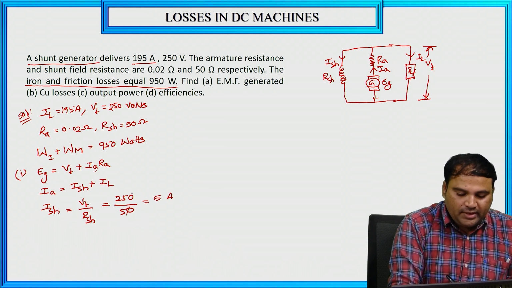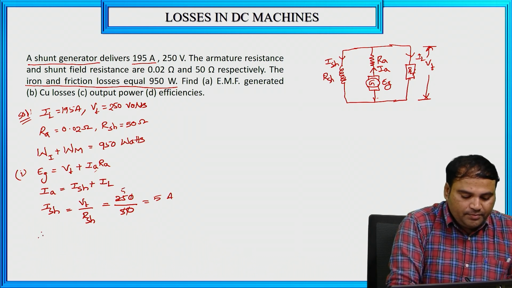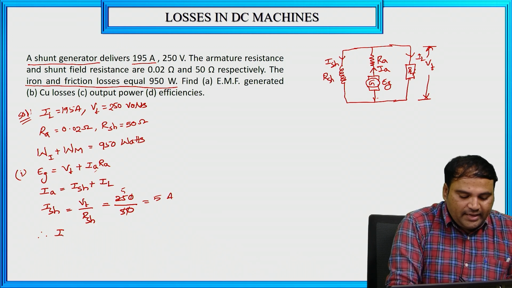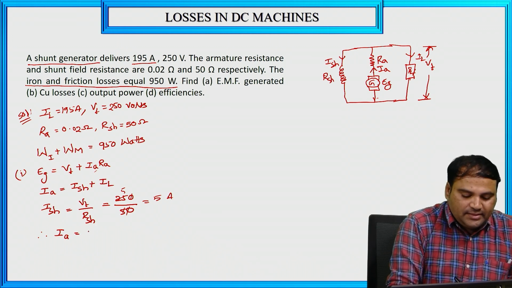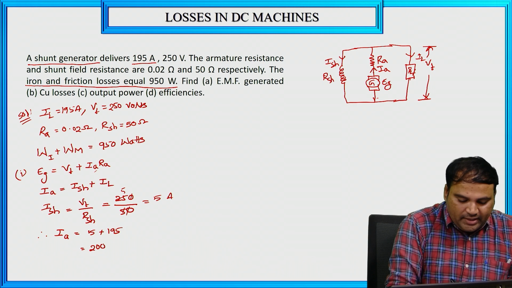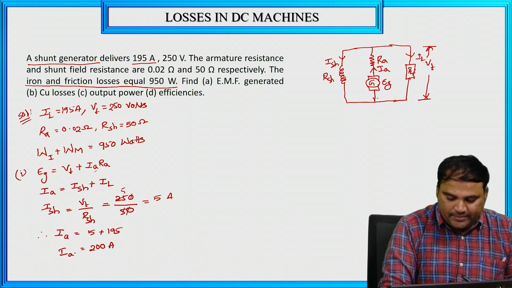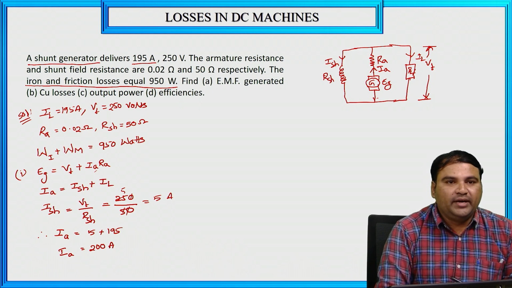The zeros get cancelled, 5 5s, 5 amperes ISH. Therefore armature current IA equal to ISH, 5, plus IL, load current value 195, that is equal to 200 amperes is the armature current. Okay, we'll get IA equal to 200 amperes.